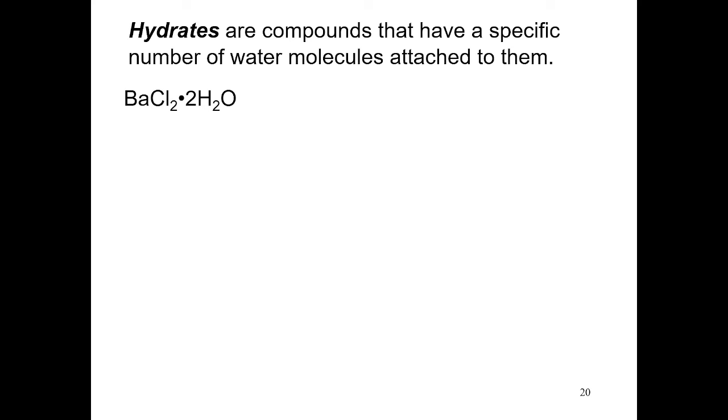Barium chloride, as you may remember, is an ionic compound, and it is paired with two water molecules. So in naming this, we just mention the ionic name, which is barium chloride, and then we add our dihydrate. By dihydrate, that will be two water molecules.